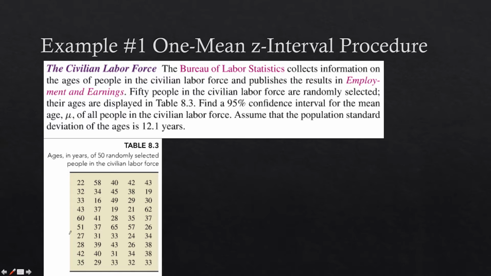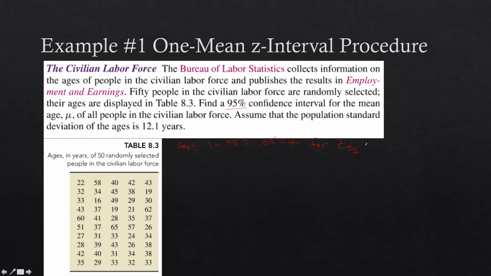All right, so step two. There's a 95% confidence interval, so what we need to do is subtract 1 minus 0.95, and that gives you 0.05. This gives you our alpha for z sub alpha divided by 2.